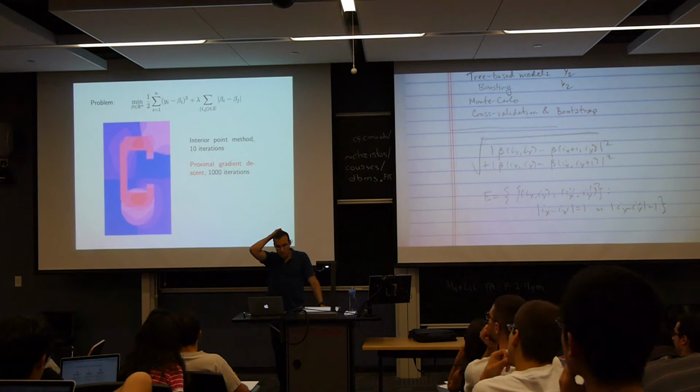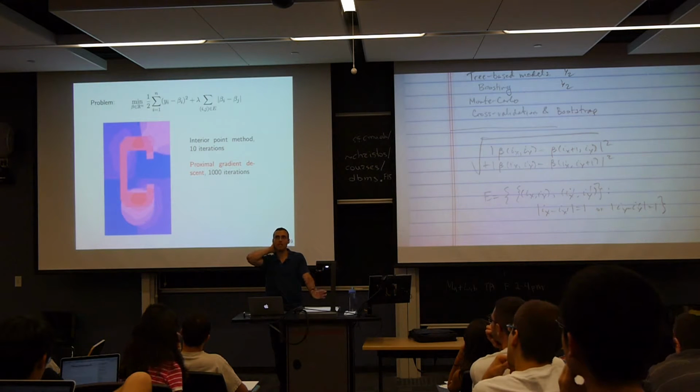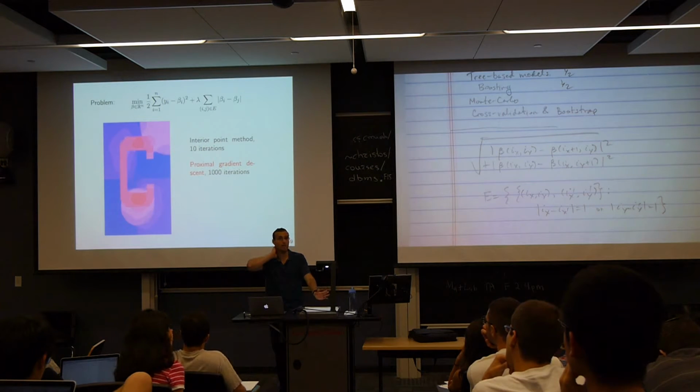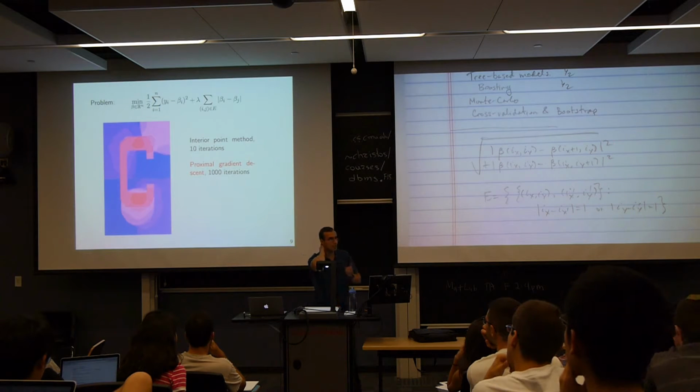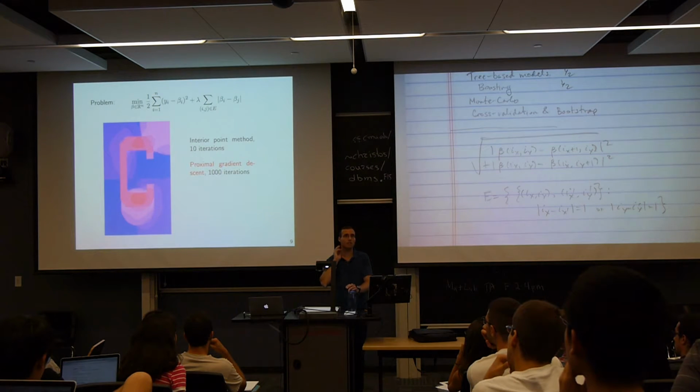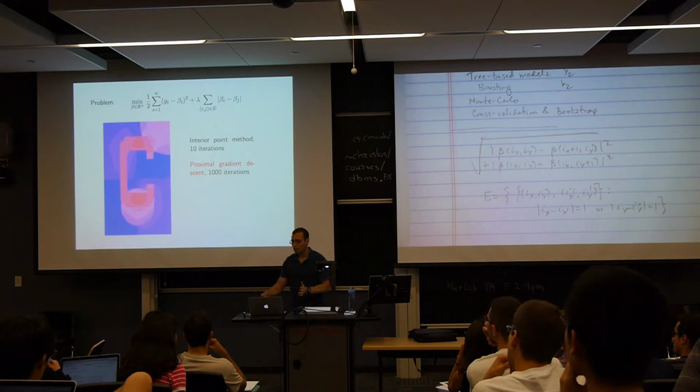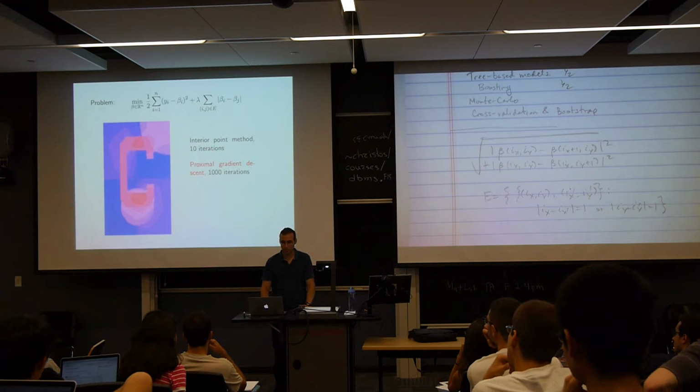Here's a different algorithm that I ran. Here's the output I got, solving the same problem, the same data, the same value of lambda, the penalty parameter, just a different algorithm. I used what's called proximal gradient descent. You'll learn that one even before the interior point method. That took 1,000 iterations, not 10, before I quit. This is what it gave me after 1,000 iterations. It's trying to get to the same solution.